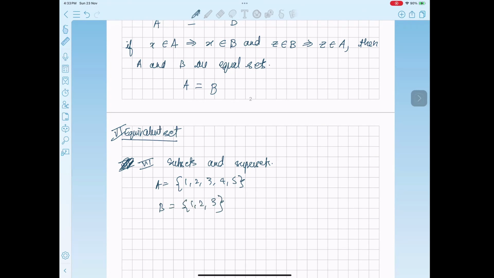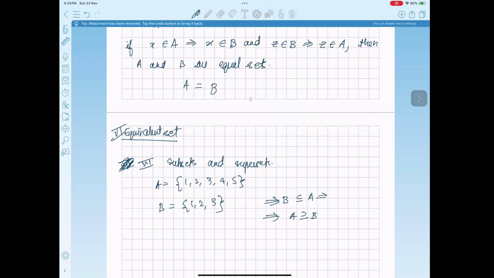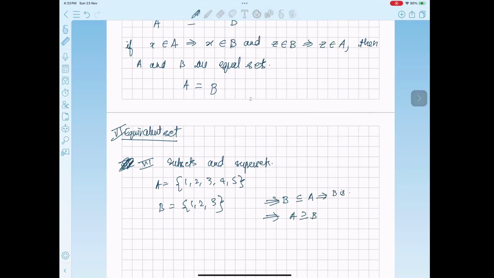Since all the elements of B are within the set A, and B is a part of A, we would say B is a subset of A. Equivalently, because B is a subset of A, that means A is the superset of B.